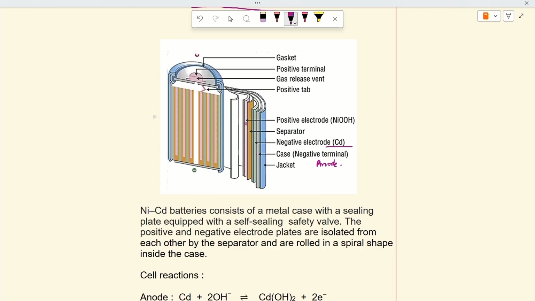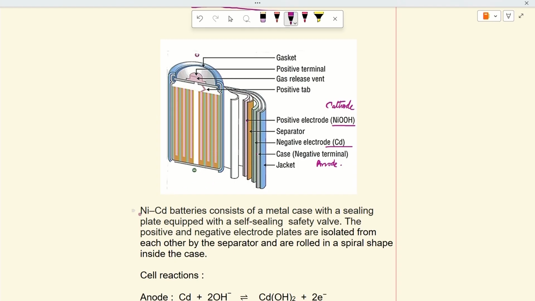The positive terminal is here, it is nickel oxide hydroxide. It is not pure nickel, remember, though we call it a nickel cadmium battery, its positive electrode or the cathode is not pure nickel, it is nickel oxide hydroxide. In between we have a layer for separating these two, and there is a gas release vent which is self sealing type.